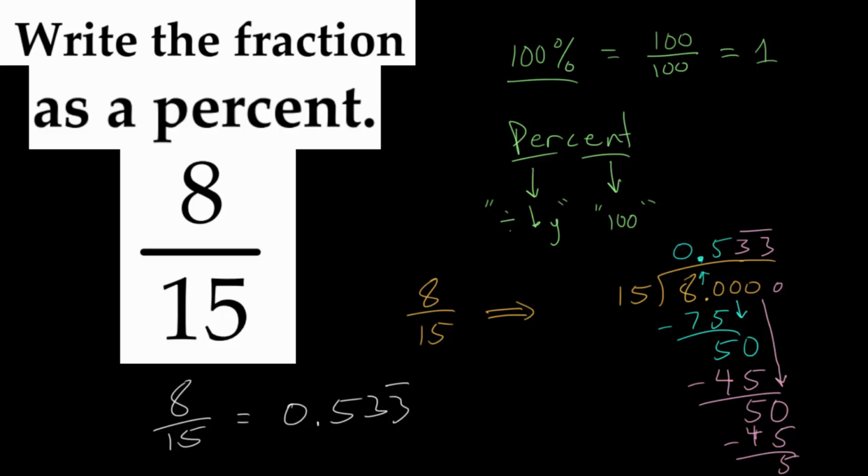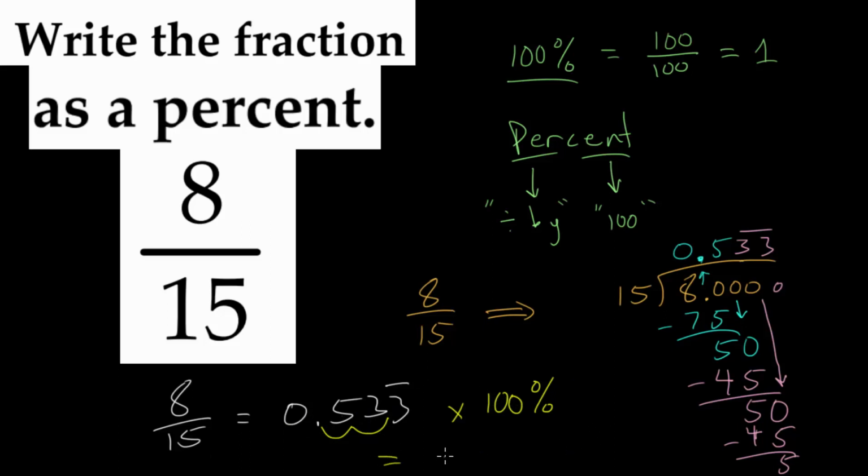And now we want to change this to a percent. So let's multiply this number by 100%. And the percent sign we'll just put at the end. But multiplying by 100 will move the decimal 2 times over. We will make it a bigger number, so the decimal moves to the right. And since there are 2 zeros after the 1, we move it 2 times.